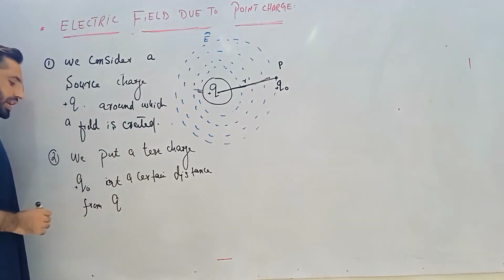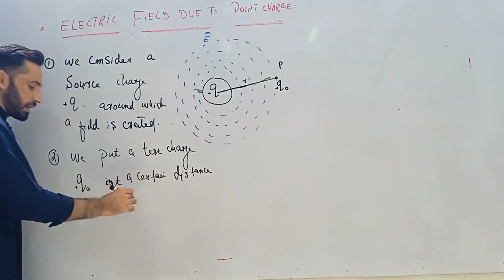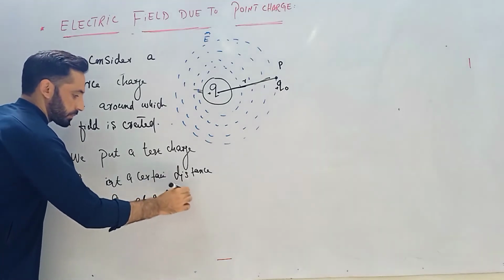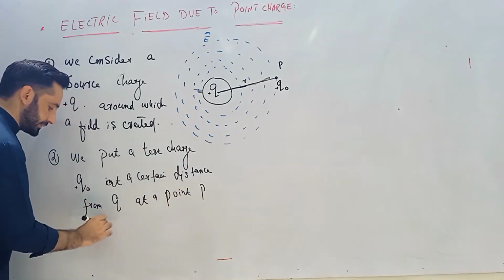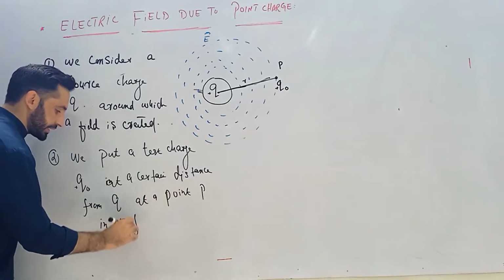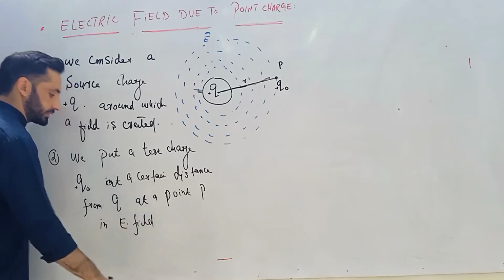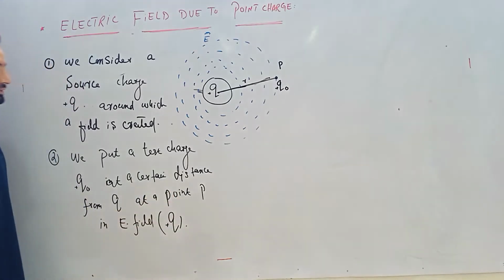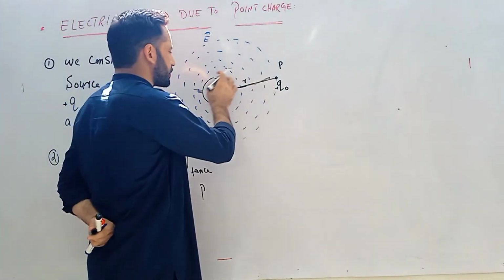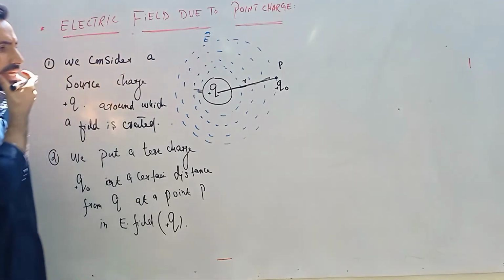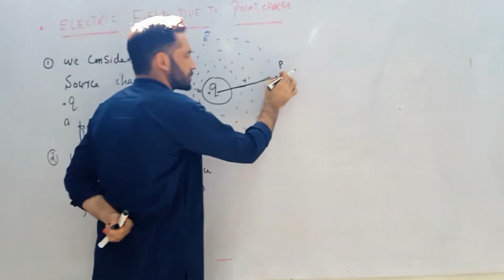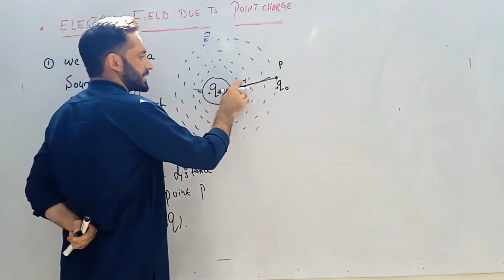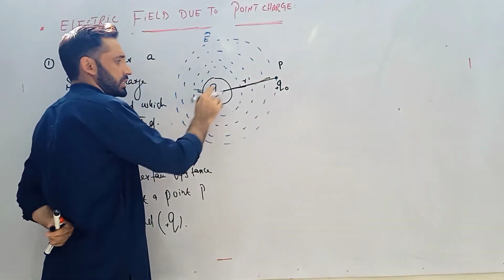We put a test charge Q naught at a certain distance from Q at a point P, and the electric field of the source charge acts there. Now we go to the electric field at your point P, at a certain distance r from the source charge.